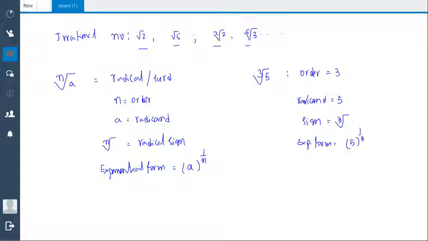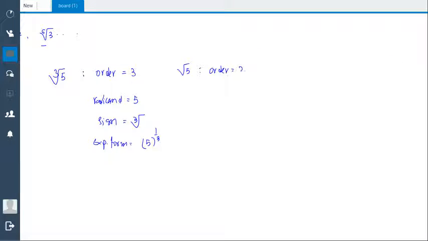Suppose you have only root 5, for example, with no number in the corner. Then what is the order here? It is 2. If you don't write any number, the order is 2. For 2, no need to write anything in the corner. The radicand is 5, whatever is under the root. The sign is the square root; for square root we won't write anything.